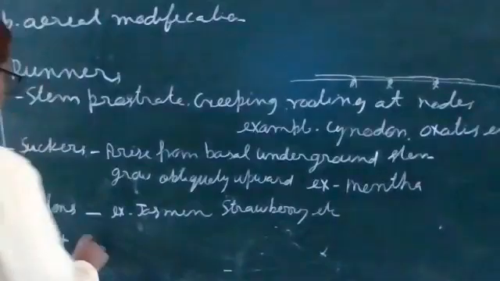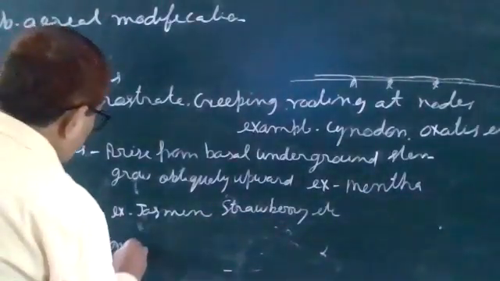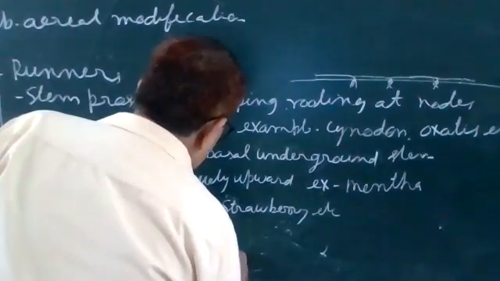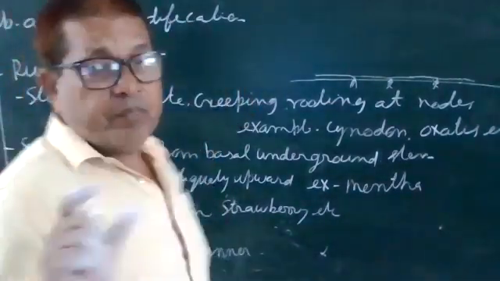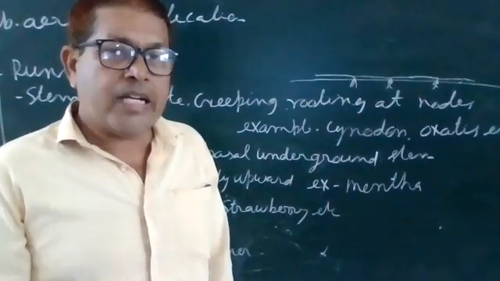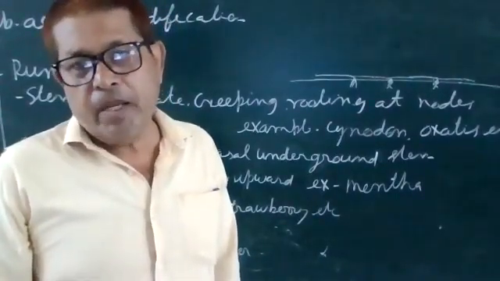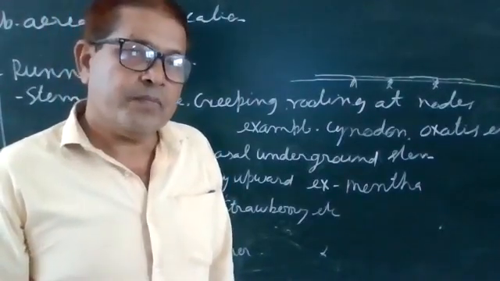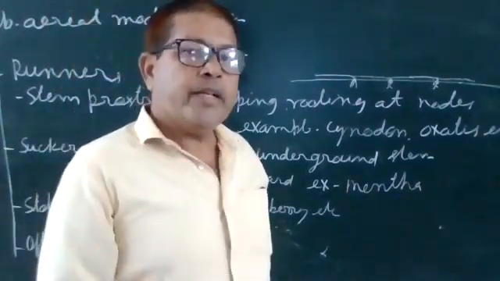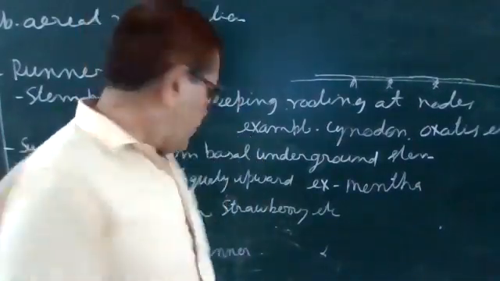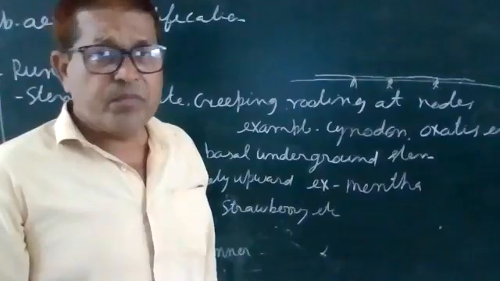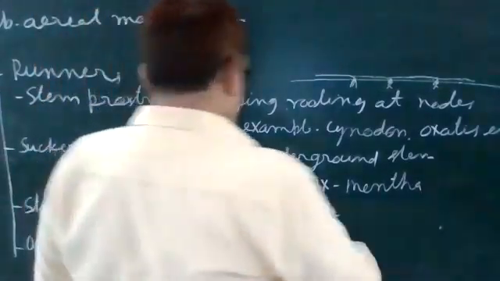The stem is condensed, and at the base a cluster of leaves originates, and below the cluster a bunch of roots arise. Examples are water hyacinth and pistia.